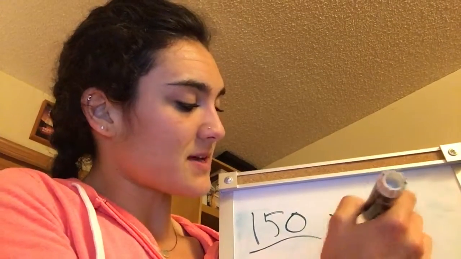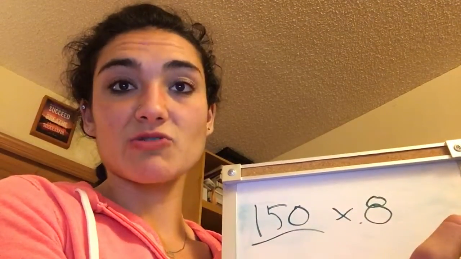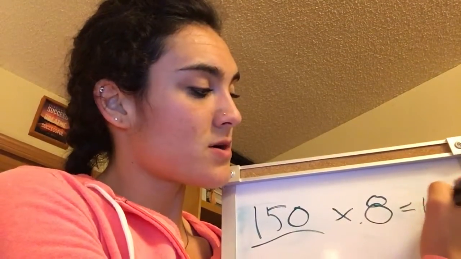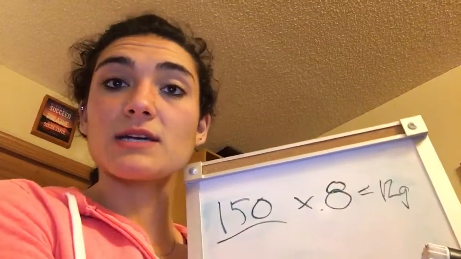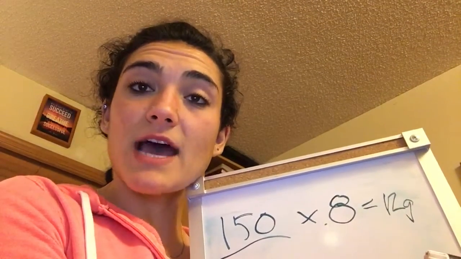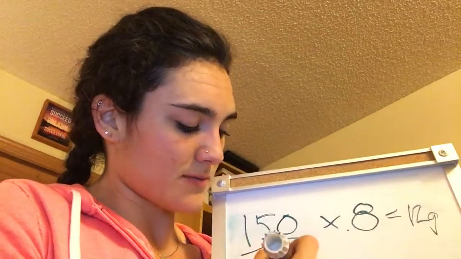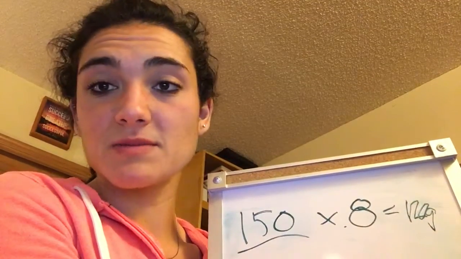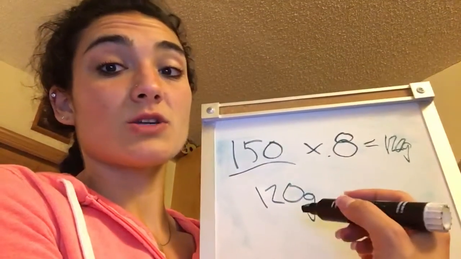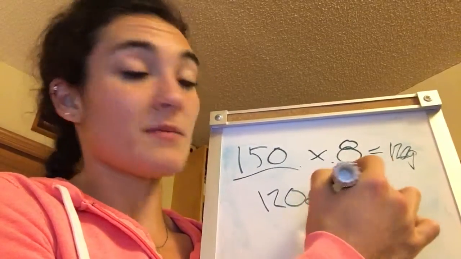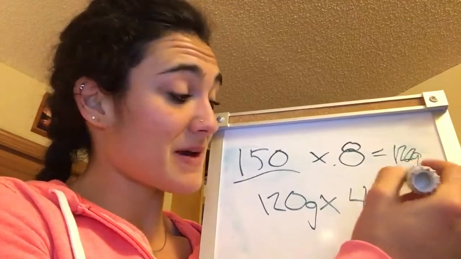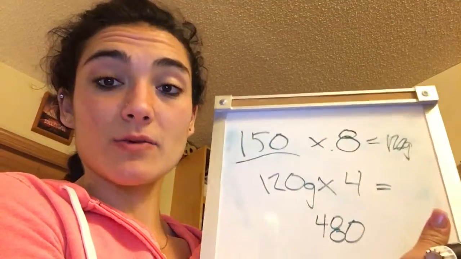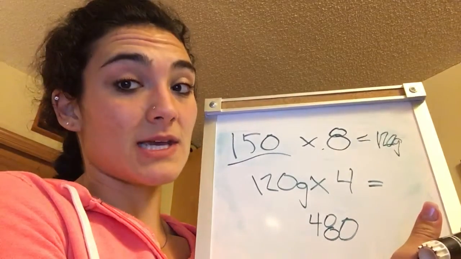You're then going to times it by 0.8 grams, and that is going to give you 120 grams of protein a day, sorry, that was 120, not 12 grams, my bad. So that means that if we have 120 grams, we want to find how many calories. We times that by 4, and now we get 480 calories of protein a day.